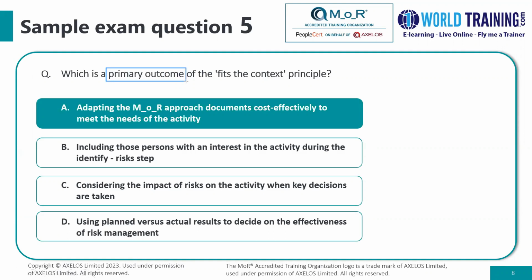Now, the outcome from satisfying the principle of designing the risk management approach, so it fits the context, is that money is not wasted on either an over-engineered approach or an approach that cannot deliver effectively, and that risks posed by the external and internal environment are managed within risk capacity and appetite.